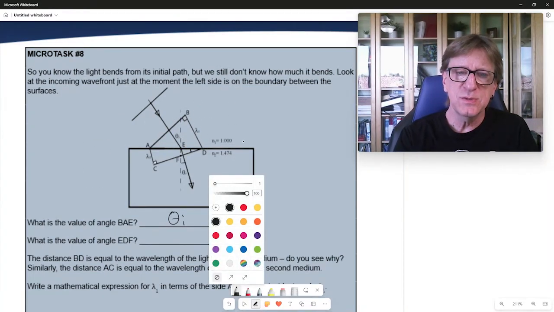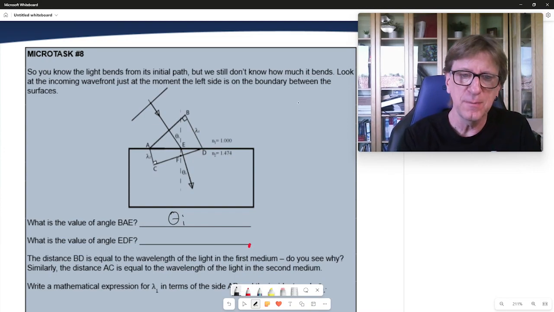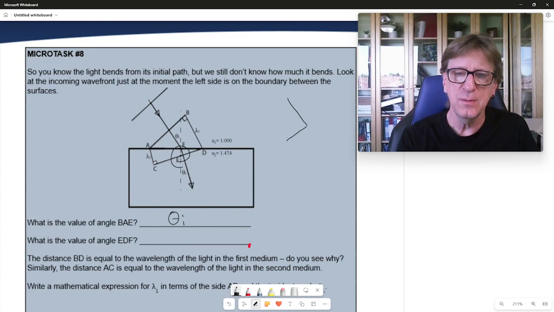Okay. So let's look at the other triangle. We want to find the value of EDF. EDF is this angle right here. And that's going to be pretty small. So let's blow it up and let's make it a little bit bigger here. So we're going to look at this triangle to start off with.